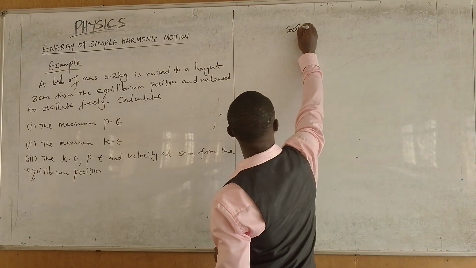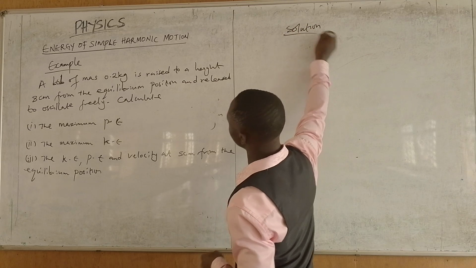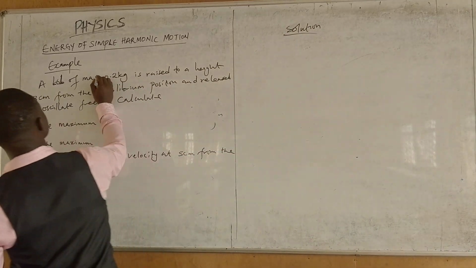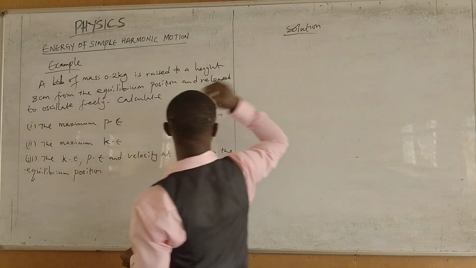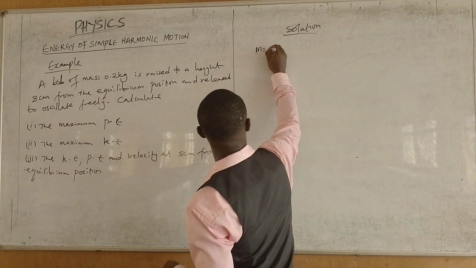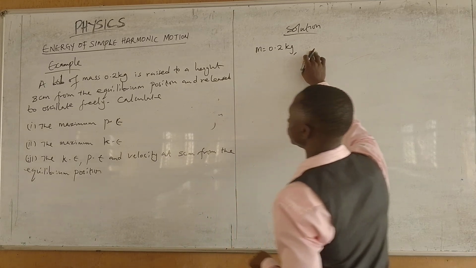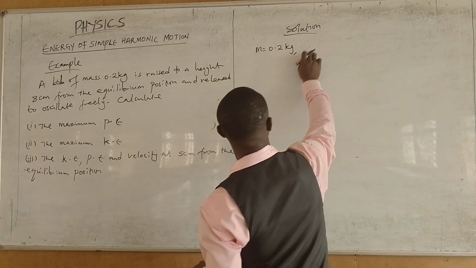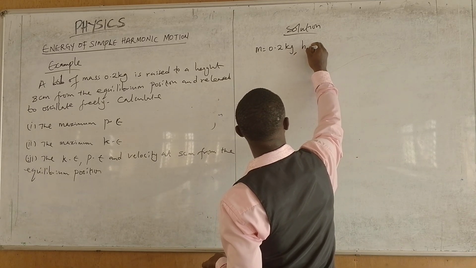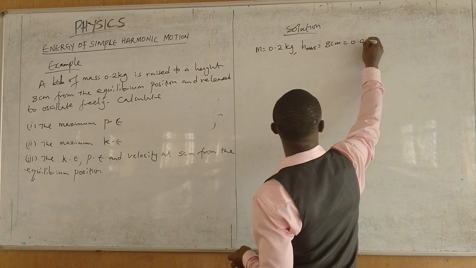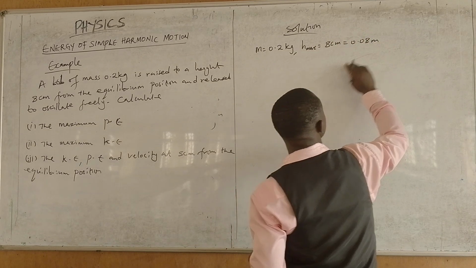Solution. A bulb of mass 0.2 kg, so mass equals 0.2 kg. Let's interpret what we have there. Then it's raised to a height 8 centimeter, so maximum height is 8 centimeter. Convert to meter.